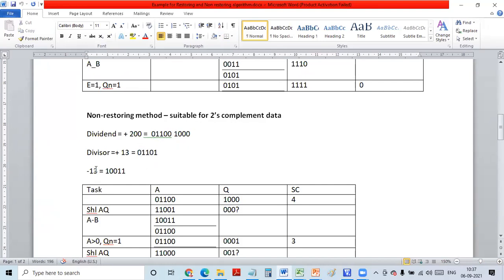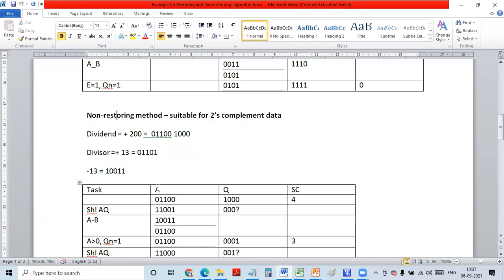I want minus 13 because the divisor has to be subtracted sometimes and added sometimes, and this is minus 13 in 2's complement. The non-restoring division method is suitable for 2's complement data only, not sign magnitude form. This needs to be remembered.